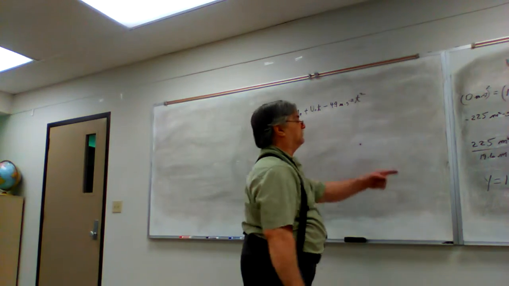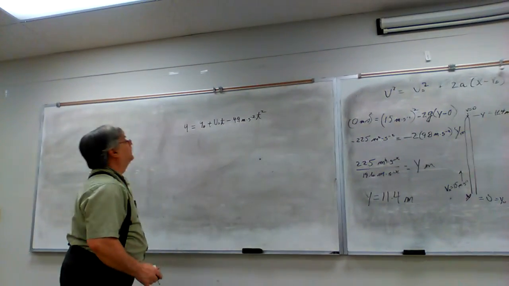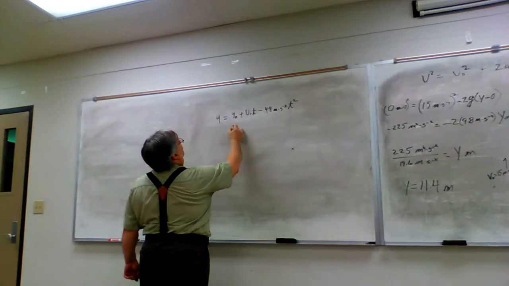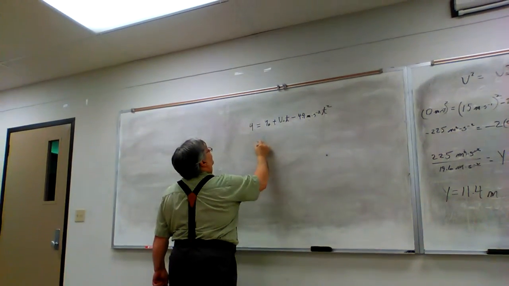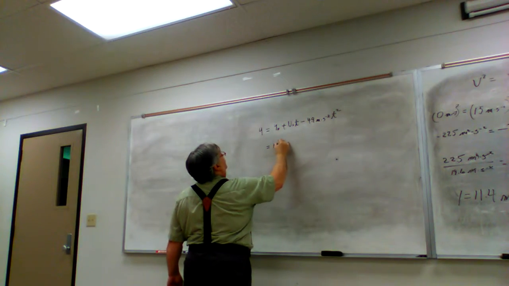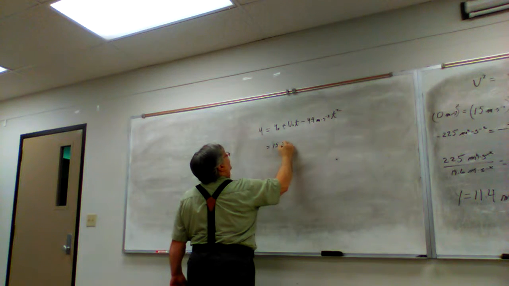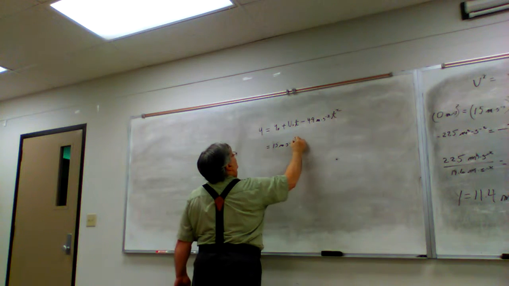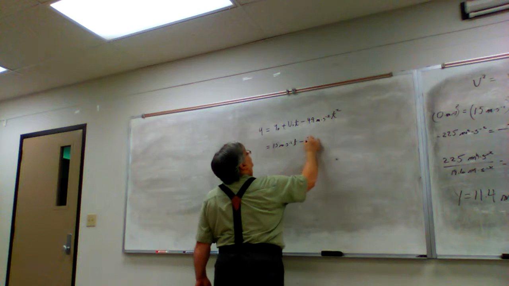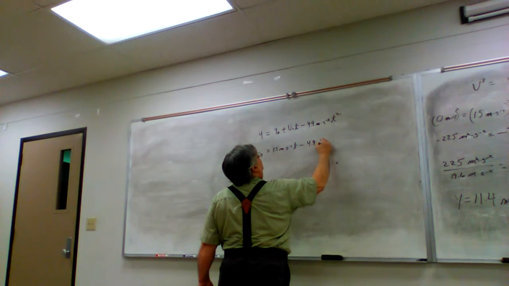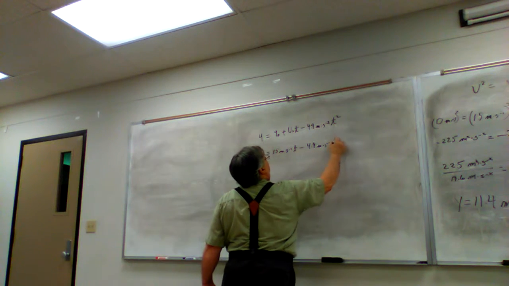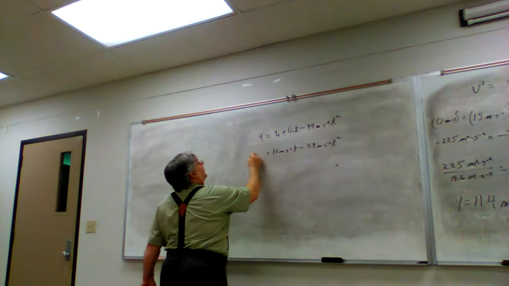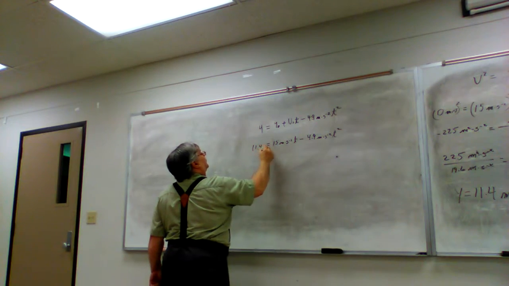Well, v naught is 15 meters per second. I misspoke a moment ago. Y naught is 0. So that's going to equal 15 meters per second times t minus 4.9 meters per second squared times t squared will equal 11.4 meters.